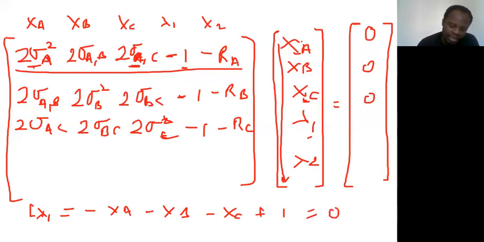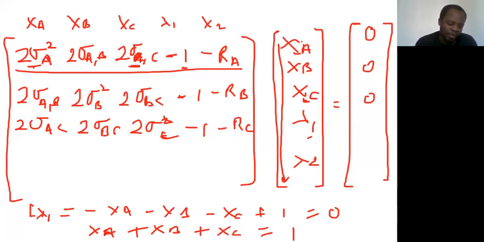So this can also be written as XA plus XB plus XC equals 1, right? So I've reformed this into this. So I'm going to do this.